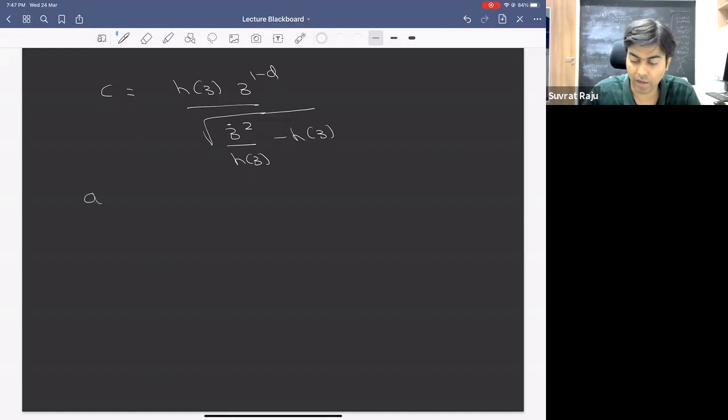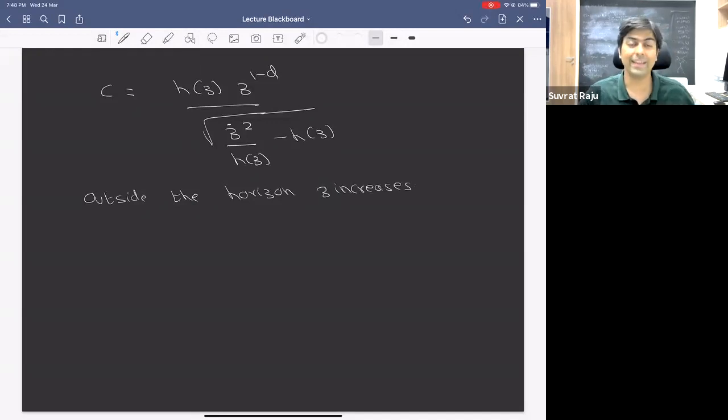You see, outside the horizon, you will find that z increases for the trajectory, and that's because z is increasing away from the boundary, and t also increases.